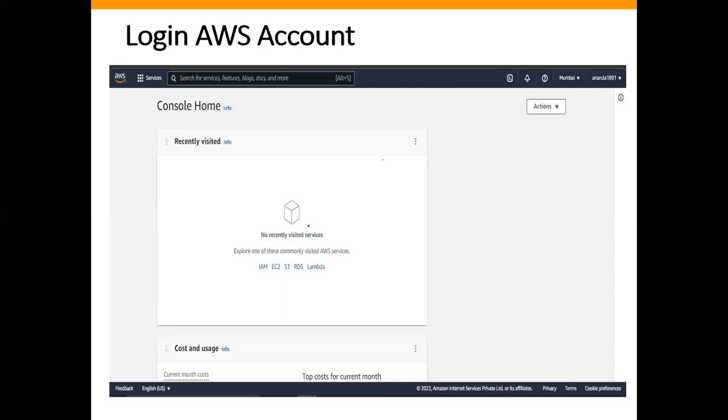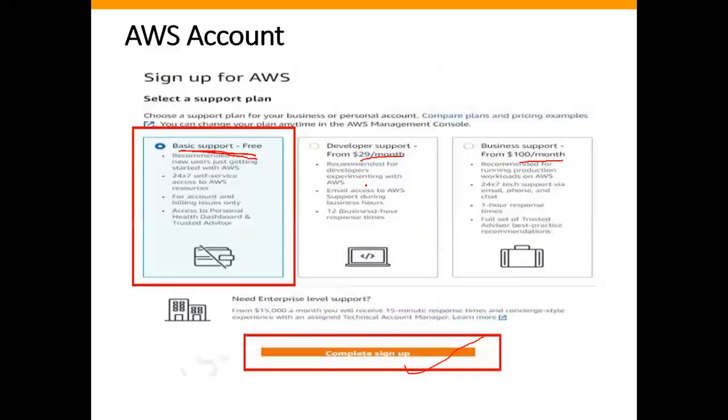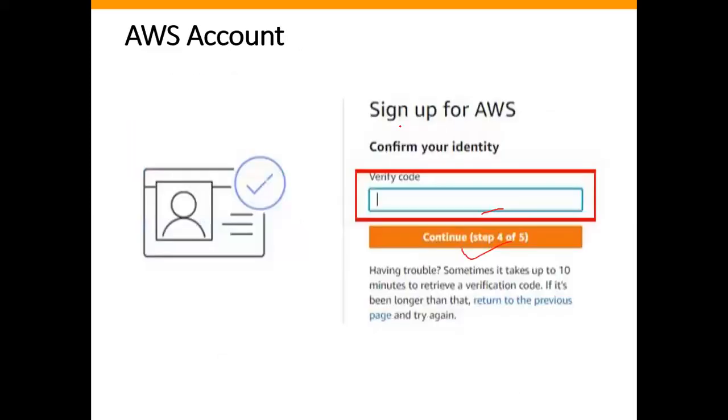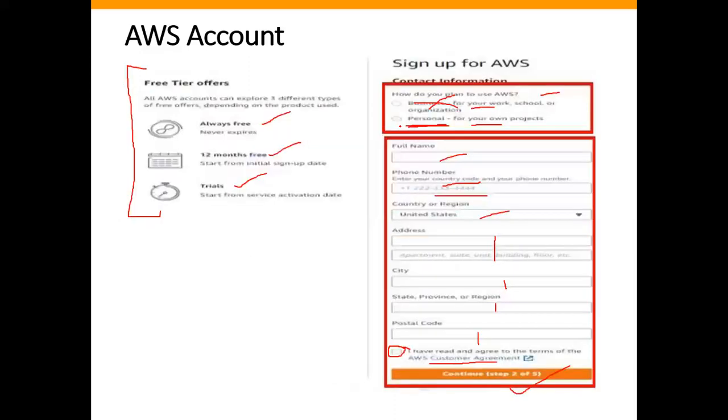Yes, Sandeep, you can unmute. Hi, I saw that there are three options for creating the account, three tiers. One is always free, one is free for 12 months. These are not options to create accounts, Sandeep.